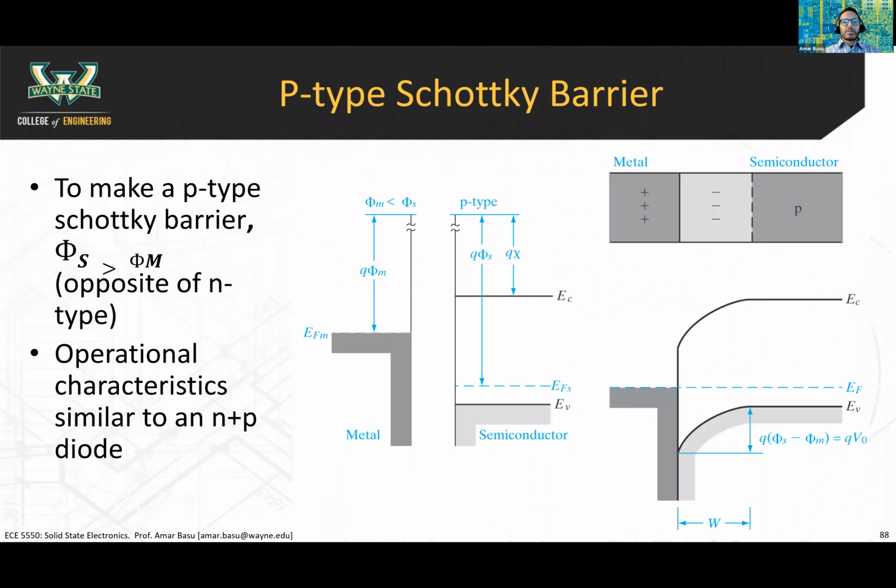So now let's look at the p-type Schottky barrier. To make a p-type Schottky barrier, you have to have phi s greater than phi m, and you have to have a p-type semiconductor. I just grabbed the diagrams from the book here. There are two diagrams we can draw. The first is where you line up the E sub 0, which is this blue line here.